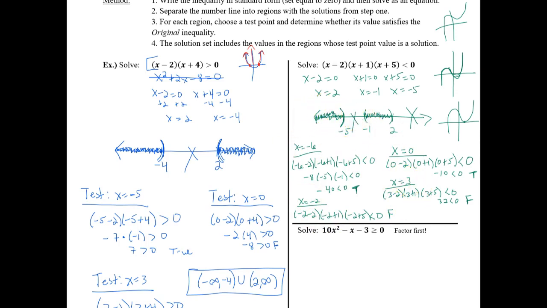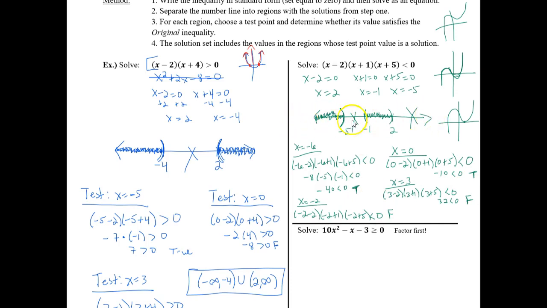For example, this one would only have one region that was less than 0 because everything else stayed above that x-axis. So again, please test all your regions to know whether or not it's part of your solution set.